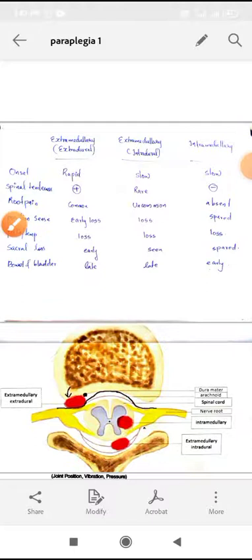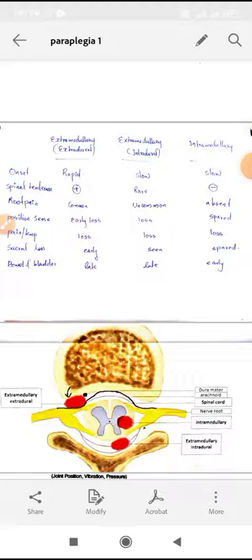Now once again: in extradural lesions the onset is rapid, and it is slow for intradural and intramedullary. Spinal tenderness is present in extradural, rare in intradural, and absent in intramedullary. Root pain is common in extradural, uncommon in intradural, and absent in intramedullary.